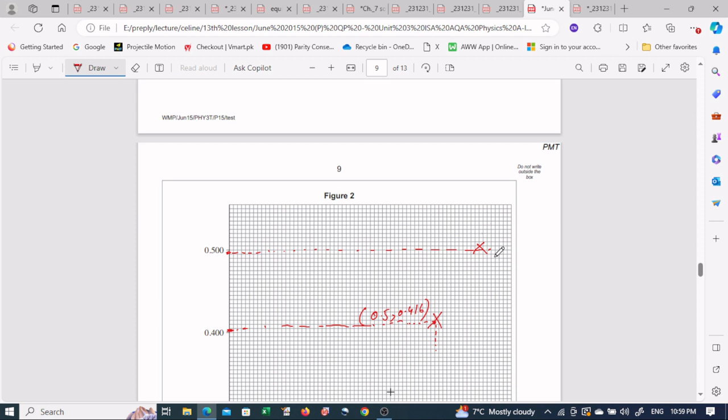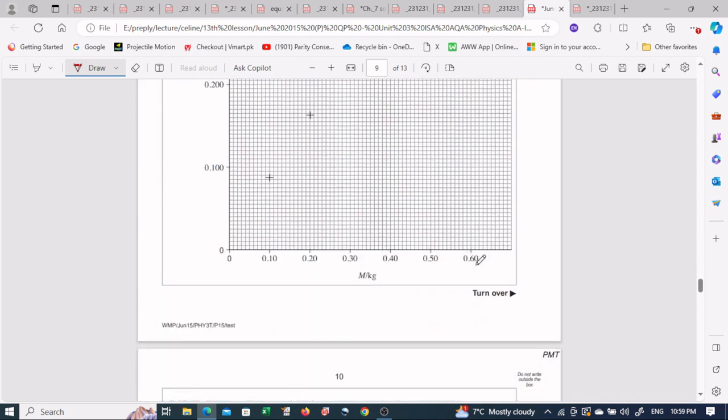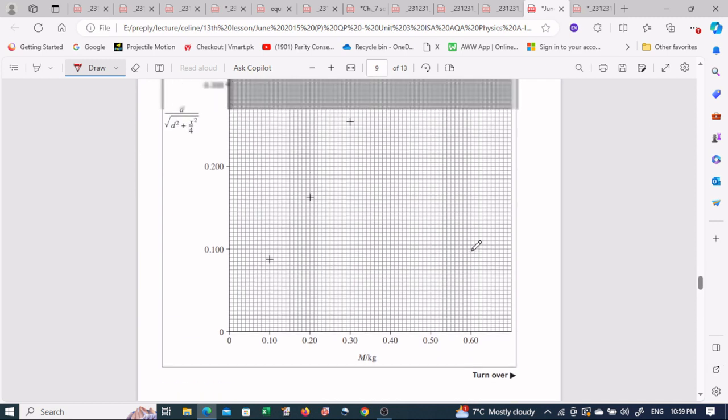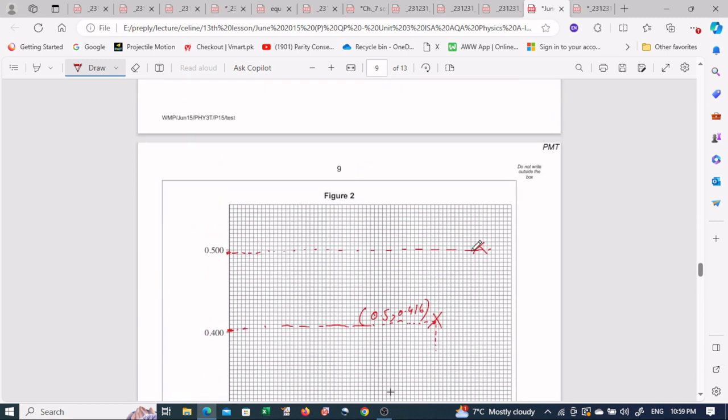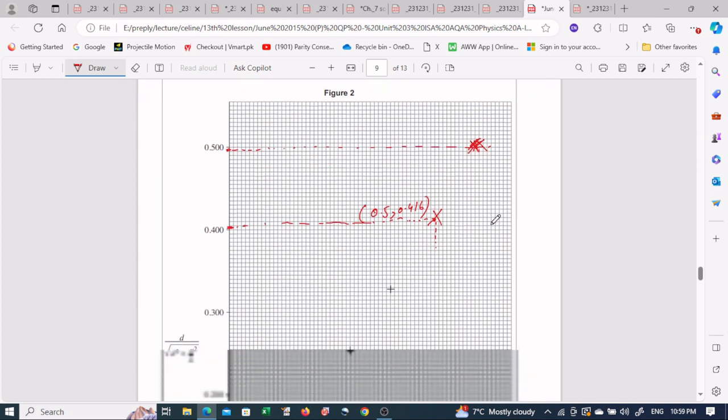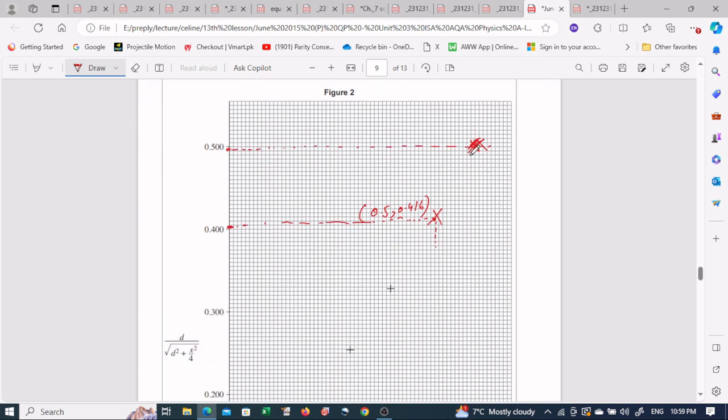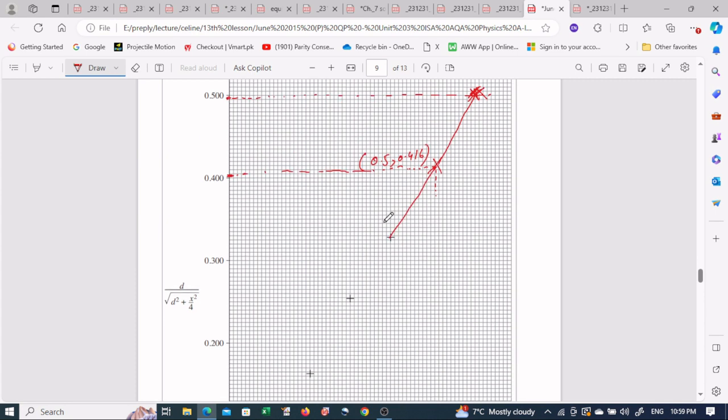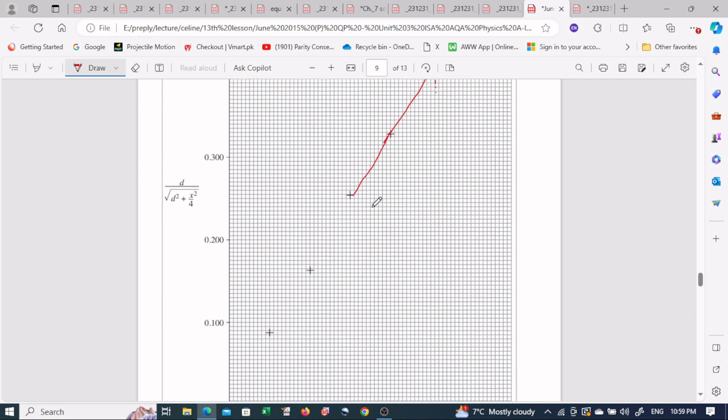We can check 0.6 here, almost here. This one is the cross point. Now we join all the points straight.